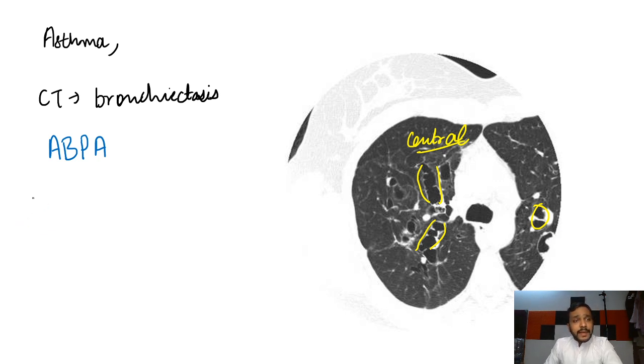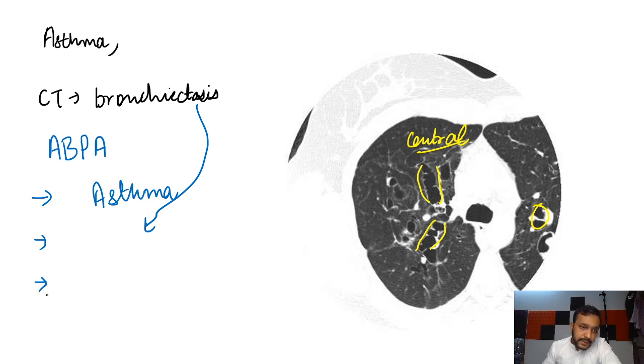In order to make a diagnosis of aspergillosis, a patient should have a history of asthma. Radiologically, you should see bronchiectasis. The IgE levels in this patient should be increased and more than 1000.